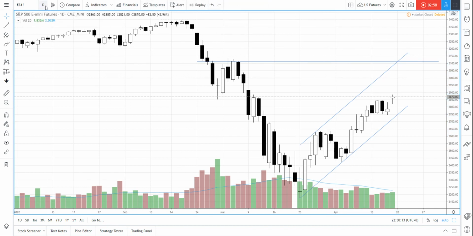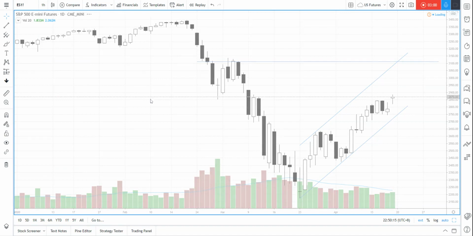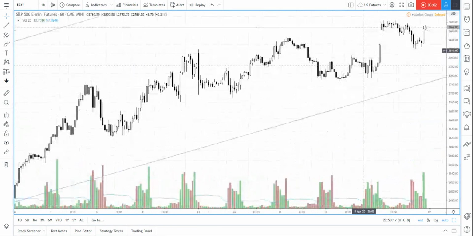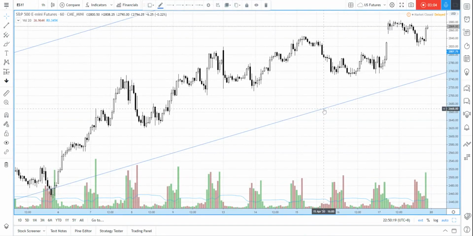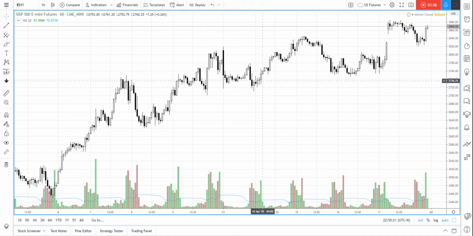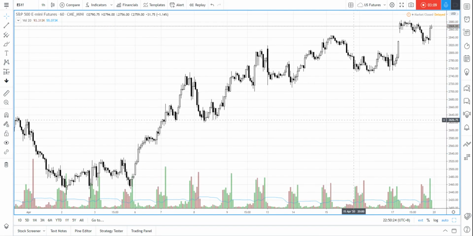If we go into H1, it will be clearer for us to look at this. First of all, I'll just delete this line here, and we can do a few more examples and you will see what I mean by adjusting the channel and also not touching the overbought line.